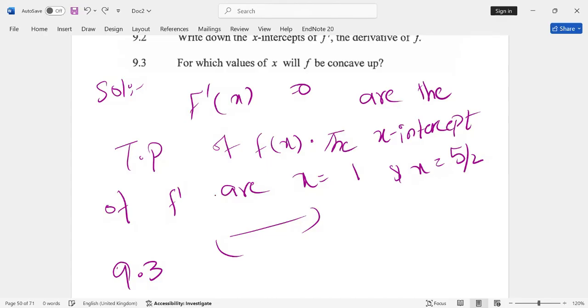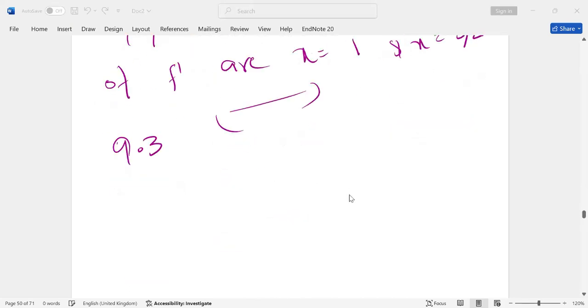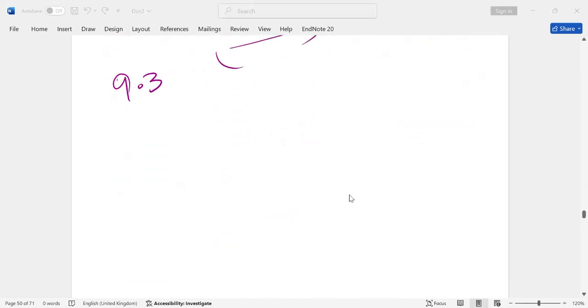Now the next question is 9.3. For which values of x will f be concave up? So let's solve this question. The concavity is determined by the second derivative. The function is concave up when the second derivative f double prime of x is greater than 0.